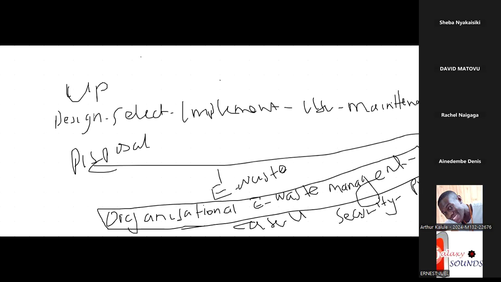this would be security organizations, or e-waste management. Should start from here. E-waste management in public security organizations. The case of Uganda Police. Why?